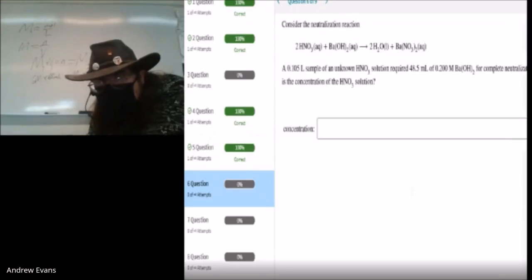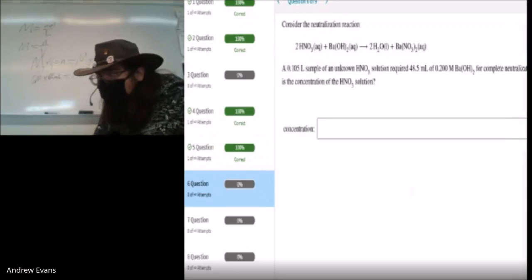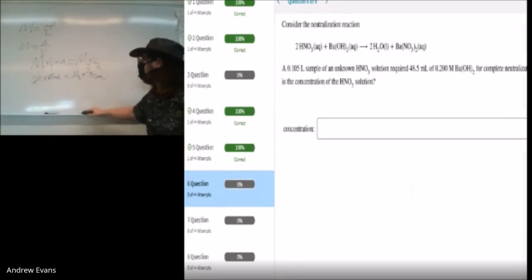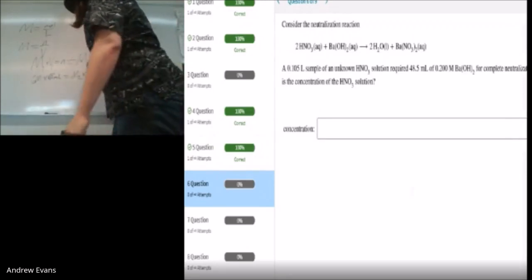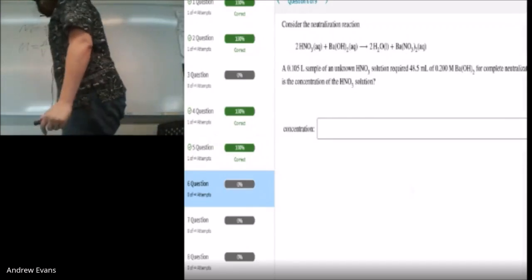We got to turn molarity of barium hydroxide to moles. Moles of barium hydroxide to moles of nitric, then moles to molarity. So we're breaking it down into those 3 steps. You can do it all in one equation. You can do it in multiple equations, but just take it as you will.